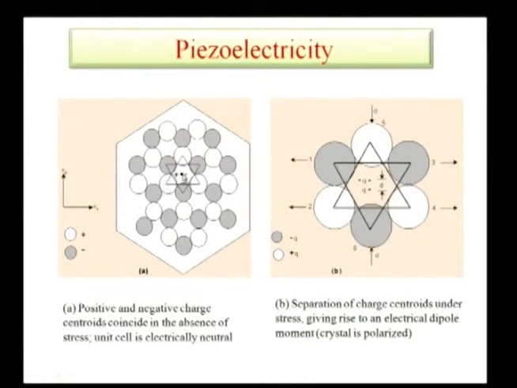Now, let me again ask the question whether this crystal has got an inversion center. The answer is no, because you have got a negative ion on the one hand, and on the other hand you have got an open circle, a positive ion here. For the coordinates x y, you got a negative ion. At minus x minus y, you have got a different ion, not the same ion.